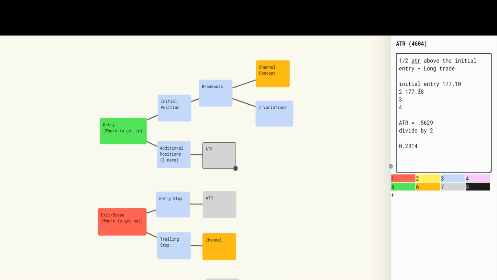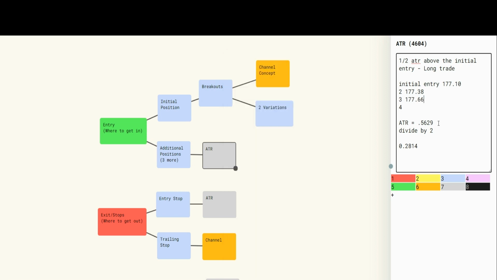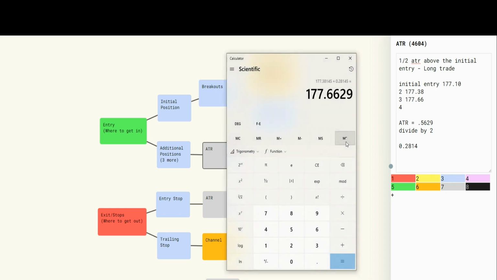For the second, we add half to this, so plus the half gives us 177.66. And for the final, we take this price and add another half, plus 0.2814, 177.94.